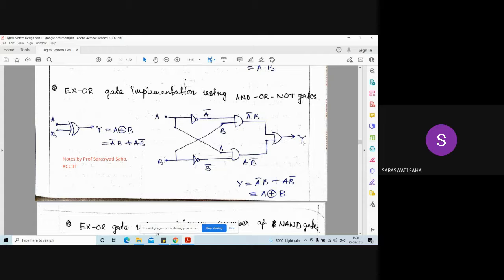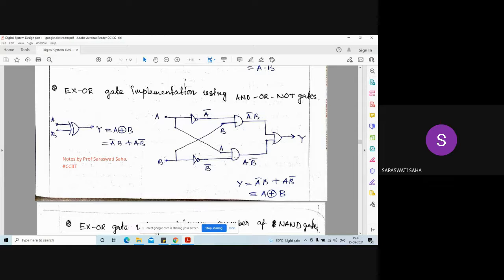So Y will be A'B + AB'. See, one input comes here, that is B. This input comes via an inverter gate, so it is A'. So here you will get A'B. Another term is AB'. To generate this AB', take one input from A directly, another input via this NOT gate or inverter gate, you will get the complement of B, that is B'.